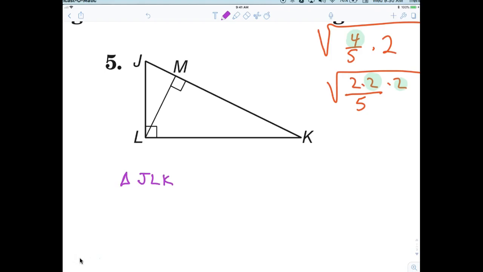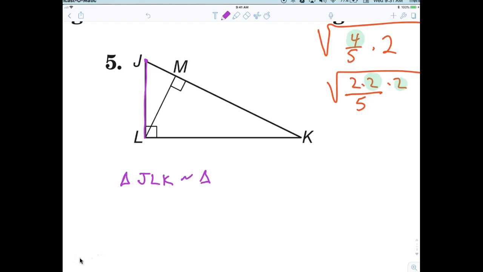Yes. So now, similar to, we're going to the middle triangle, and we're going to say, what does that correspond to? Now, be careful, because I'm going from J to the right angle. Just listen for a second.